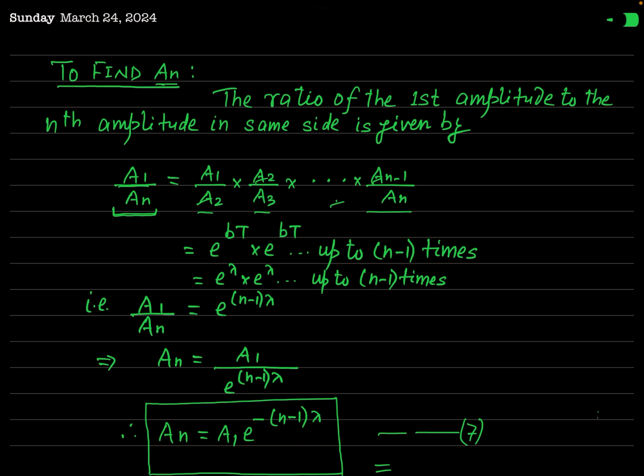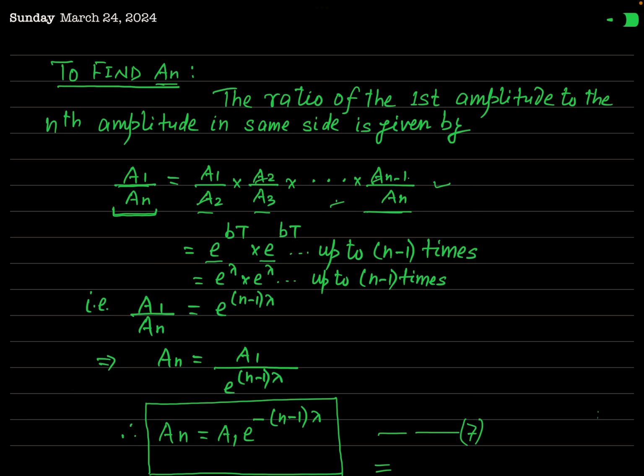But you have seen that A1 by A2 is e to the power bt and A2 by A3 is also e to the power bt, and this An minus 1 over An will be also e to the power bt. So all these ratios are e to the power bt. And what is the number of terms? Actually this is n minus 1.